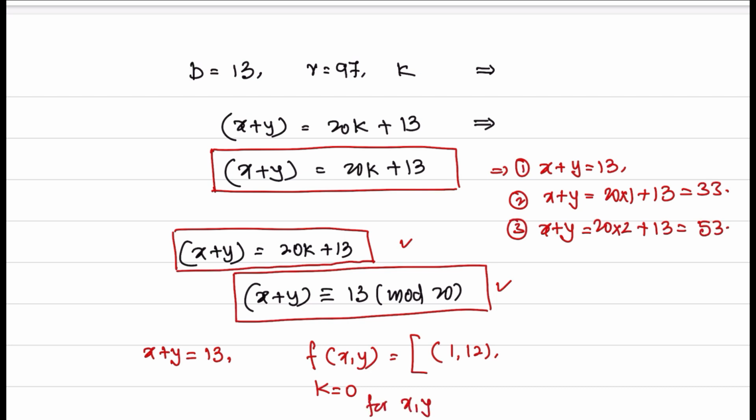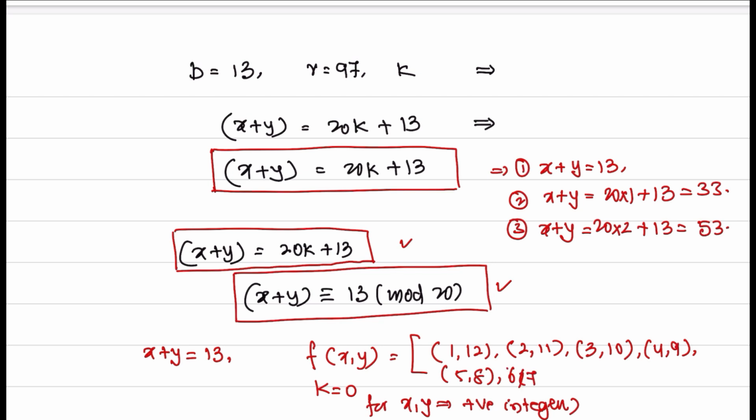For x, y positive integers, if we want them as positive integers, we can have the values as pairs: 1, 12; 2, 11; 3, 10; 4, 9; 5, 8; 6, 7; then 7, 6, and go on up to 12 and 1.